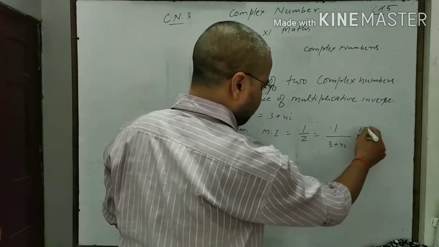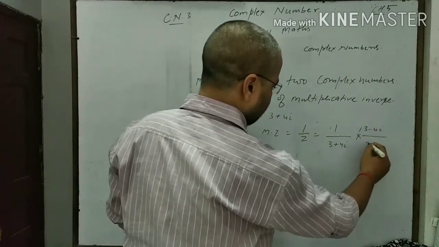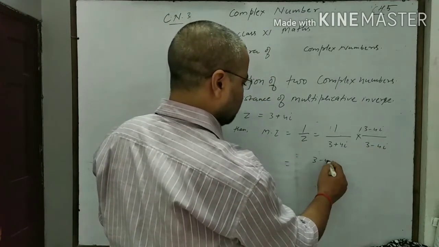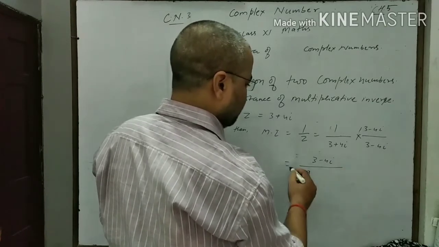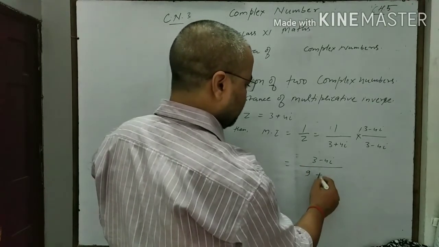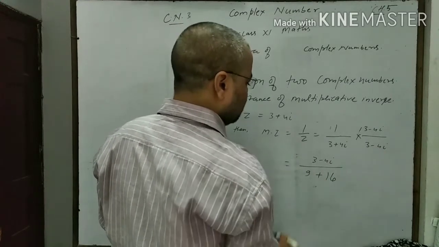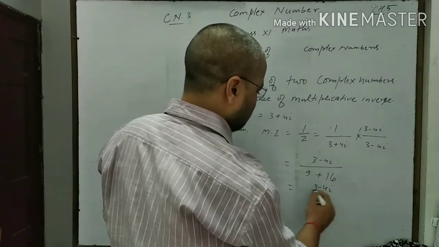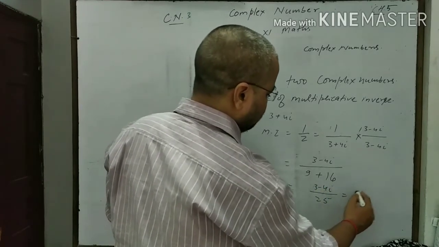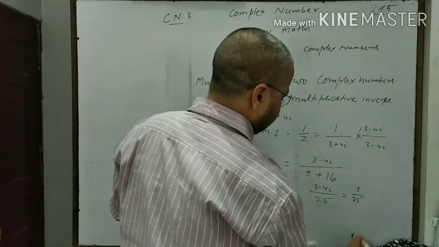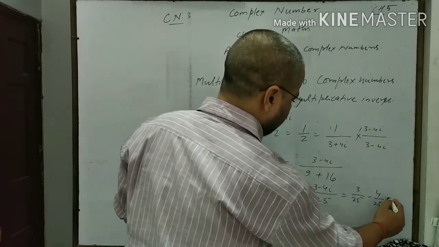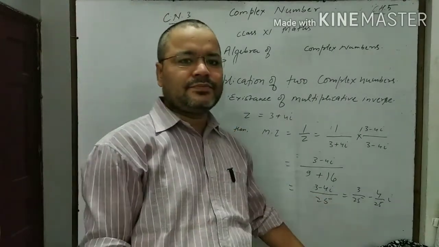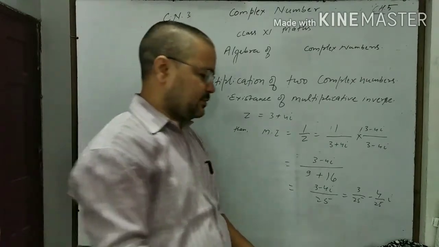Now if we multiply numerator and denominator by 3 minus 4i, then we can write (3 minus 4i) upon 9 plus 16, that means (3 minus 4i) upon 25, or we can write 3 by 25 minus 4 by 25 i. This is the inverse of this complex number. Getting? I hope you understand.